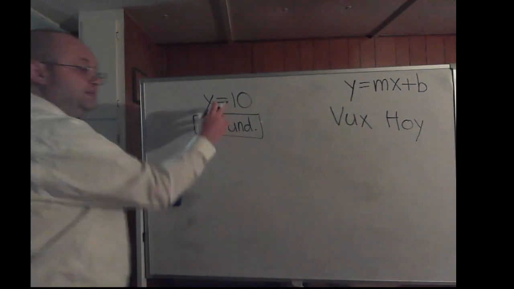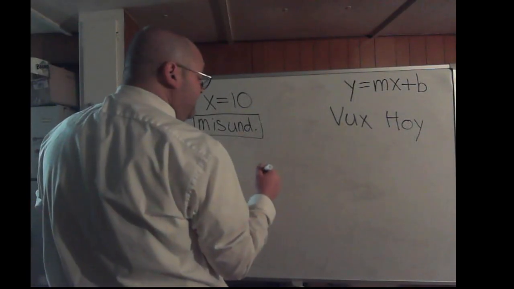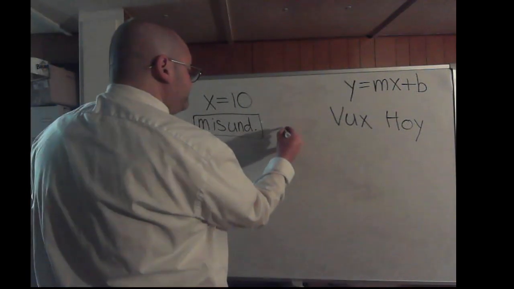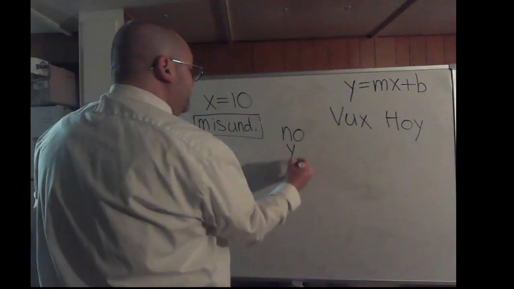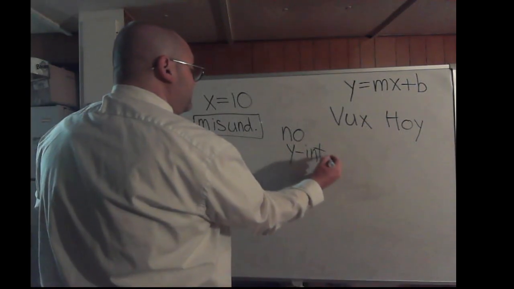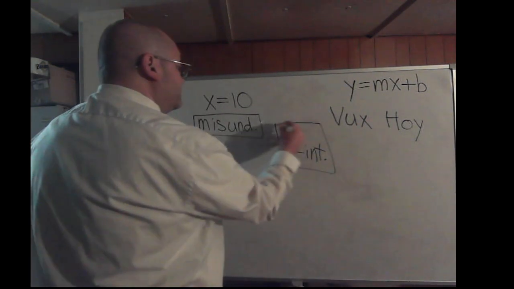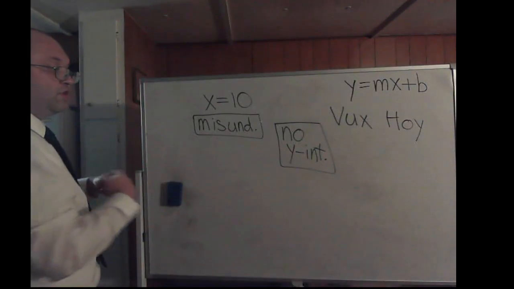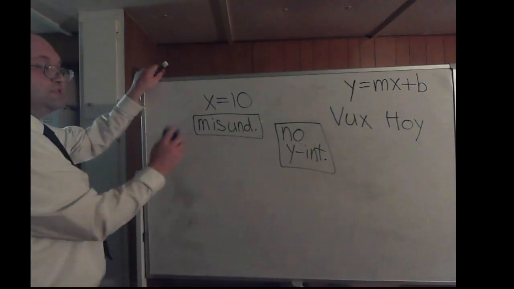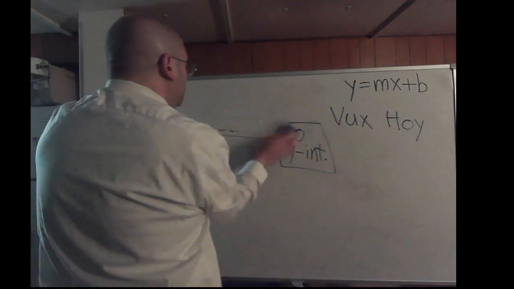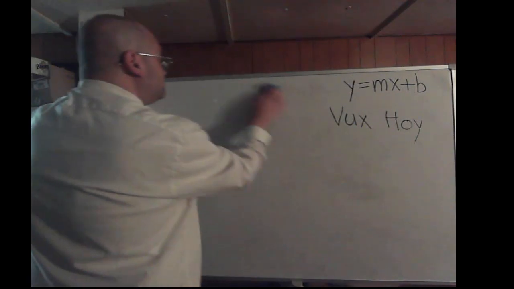If you have x equals, it never crosses the y-axis. So therefore, there is no y-intercept. If you have x equals, there is no y-intercept. It'll never cross the y-axis. 1 more, and we're done.